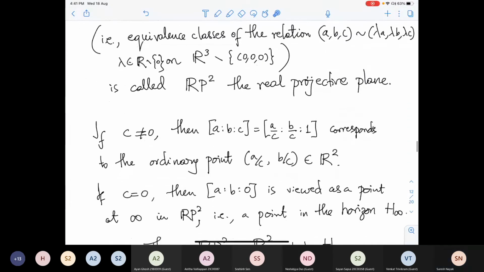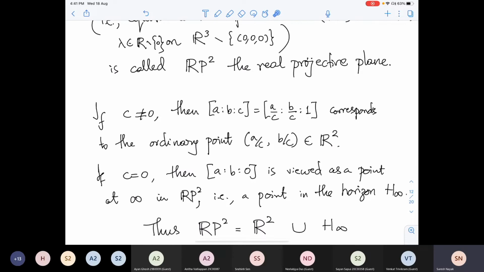So since these two cases exhaust all of RP2, I can now think of RP2, the real projective plane, as R2, my ordinary usual plane that all of us were familiar with till 1 hour ago, union this new horizon that we have introduced, these points at infinity. So RP2 is R2 union these points at infinity.